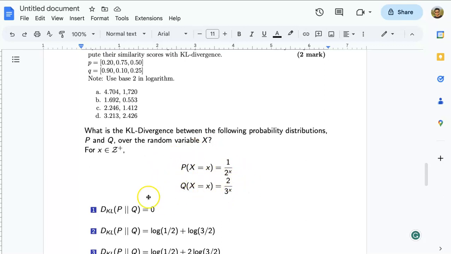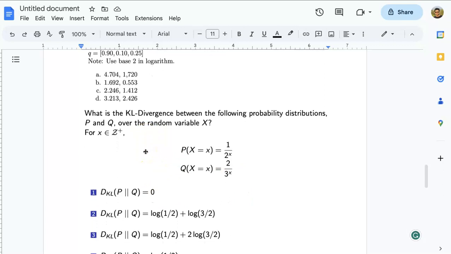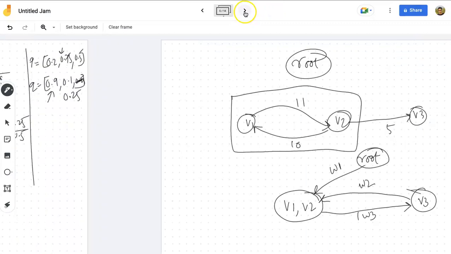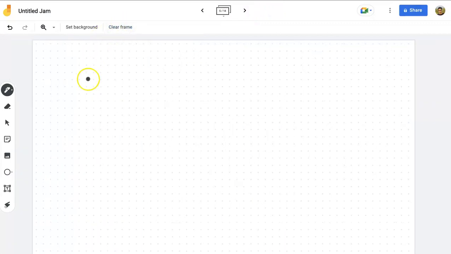Now they are asking what is the KL divergence between P and Q. The thing is simple, but you just need to calculate it properly. So let's do it. First, P is 1 by 2 to the power x.